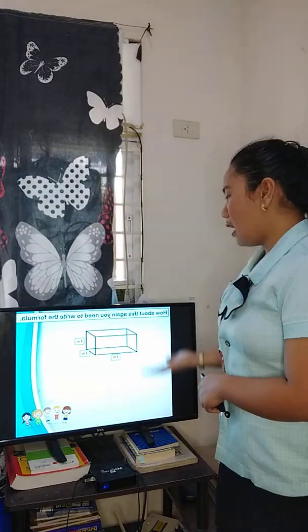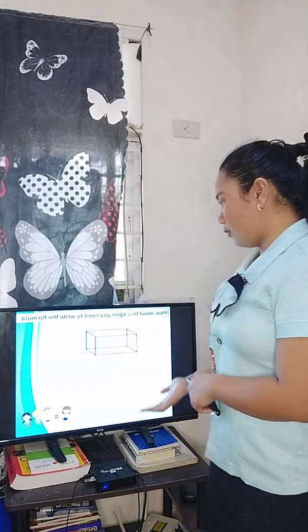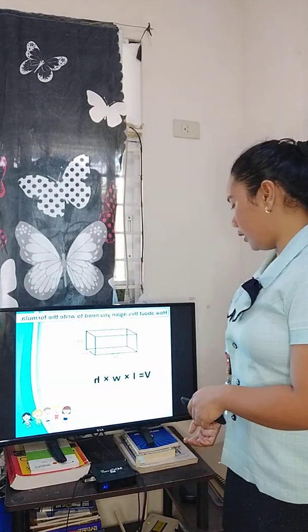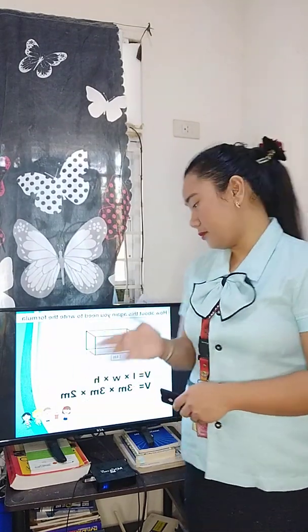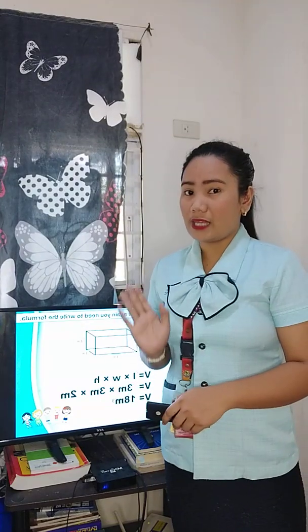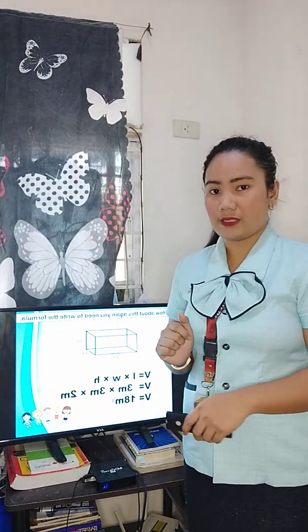How about this? Again, you need to write the formula. Volume equals length times width times height. Volume equals 3 meters times 3 meters times 2 meters. So, volume equals 18 cubic meters.